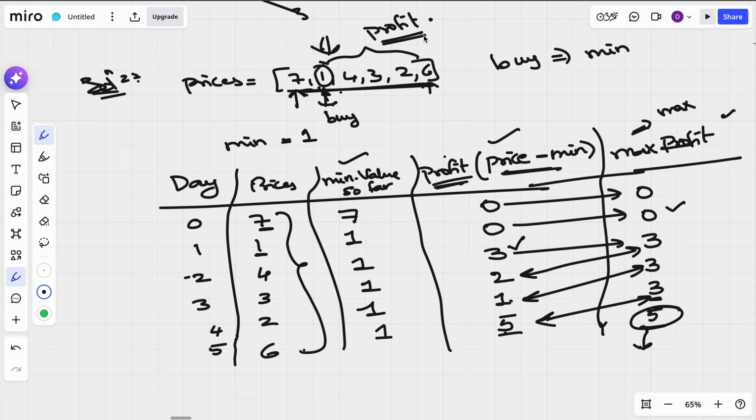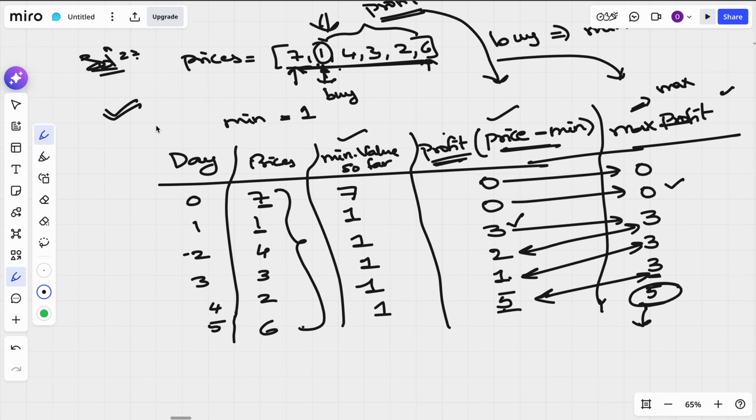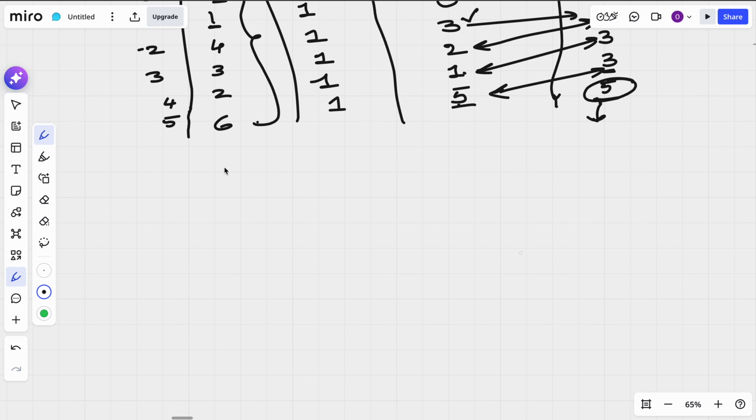So in that profit, now I need to find where I can be able to get the max profit, on which day if I sell, is something how we can be able to solve, right? Like this. So in this scenario, what could be the time and space complexity?